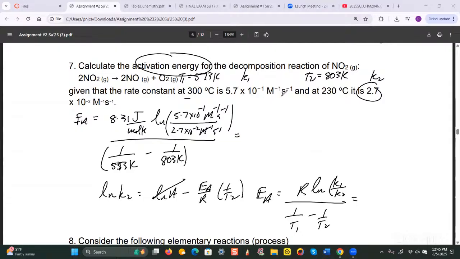Okay, this part works out to be ln 21, and I'm still going to have 8.31 joules per mole Kelvin. Down here, I'm going to work out 1 over 573 minus 1 over 803.